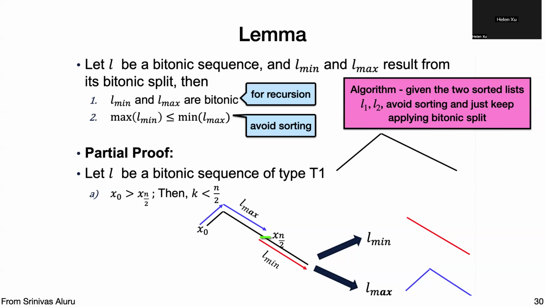Here there's this case: if x0 is greater than x_{n/2}, the halfway point, then the inflection point had to be between x0 and x_{n/2}, because it's going up and then going down. So x_{n/2} is after the inflection point and is lower than x0, like this picture. And so L min would just be the second half, and L max would just be all of the first half.